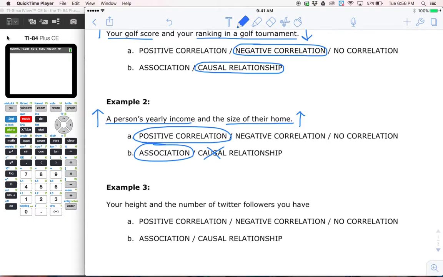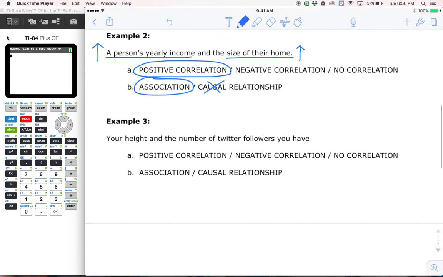The final example is your height compared to the number of Twitter followers you have. Is there a relationship there at all? Does being a certain height mean you have a certain number of Twitter followers? I'm going to go out on a limb and say no correlation at all.